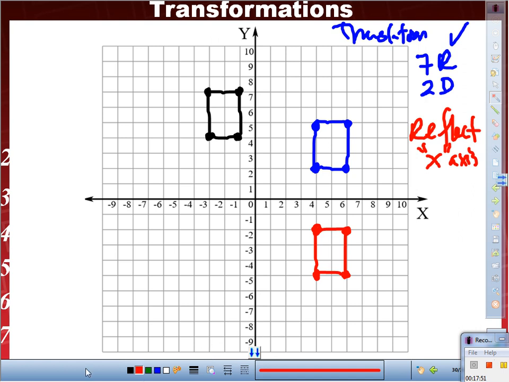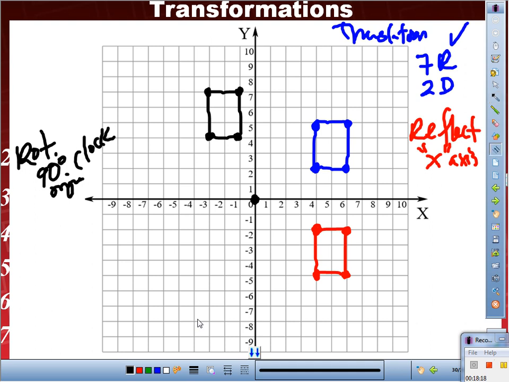Now check this out. We're going to rotate this image 90 degrees clockwise. But I'm going to use the point of origin as my fixed point. That means I'm going to put a point here, and I'm going to draw a line segment from here to this one first.